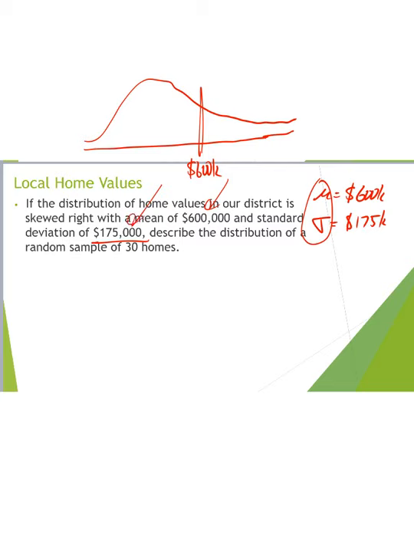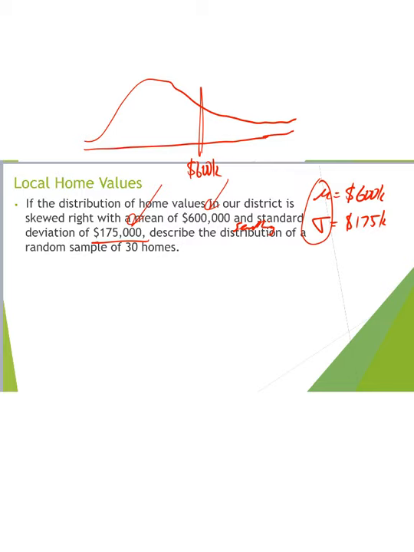It's not saying 30 randomly selected homes. So then it asks us to describe the distribution of a random sample of 30 homes. And so what we're talking about here is describing the sampling distribution of a bunch of random samples of 30.